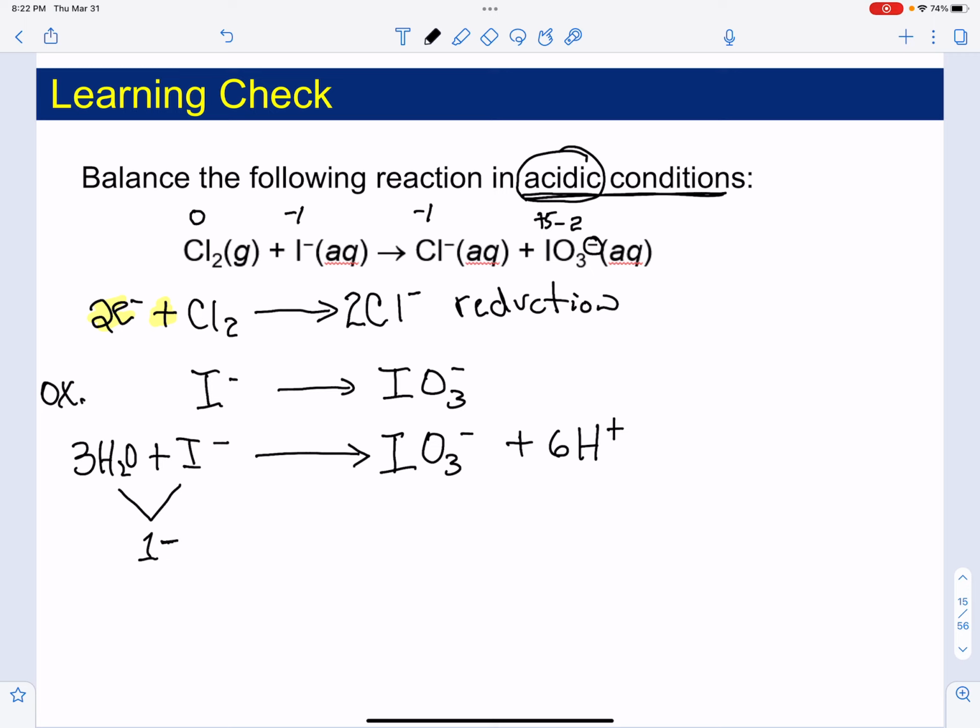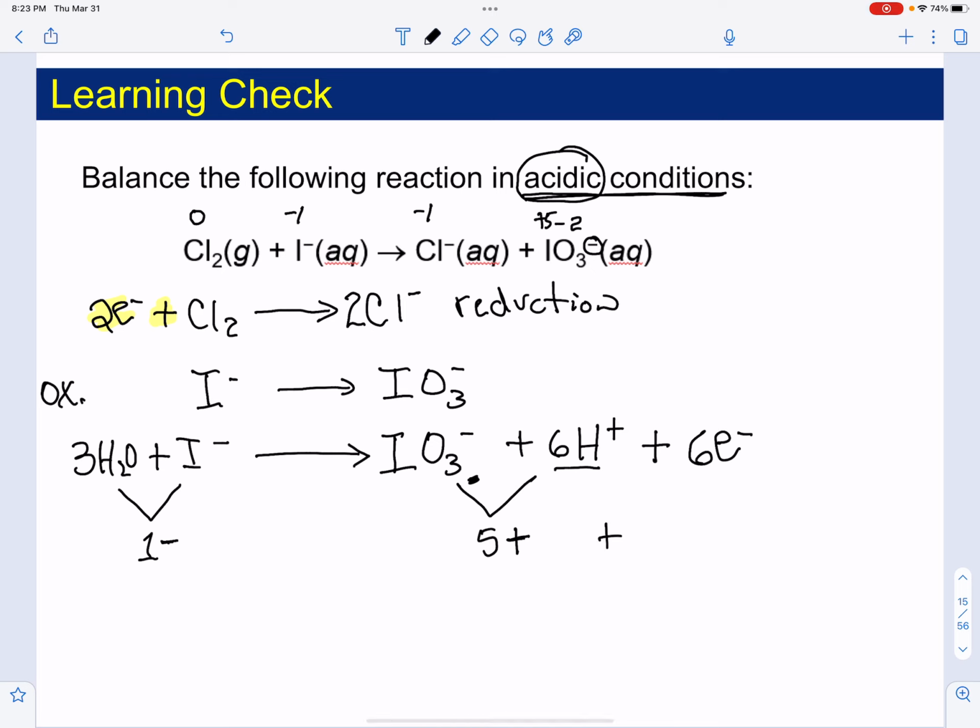On the right side, we have a total charge of 5 plus, because we have 6 plus and 1 negative. So 5 plus is on the other side. So how are we gonna make that match? What we're gonna do, we're gonna add 6 electrons on the right side.